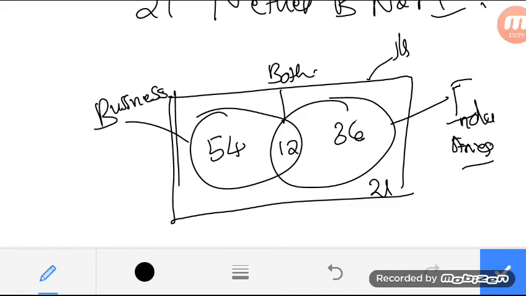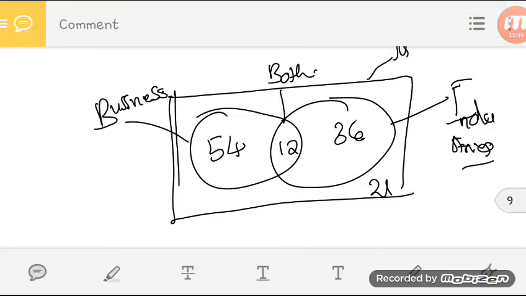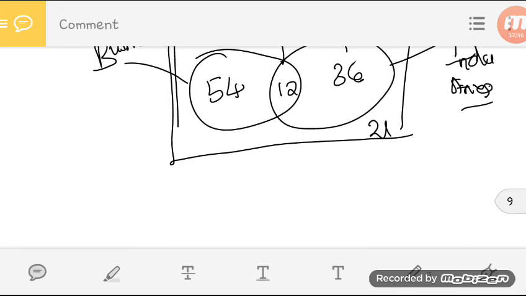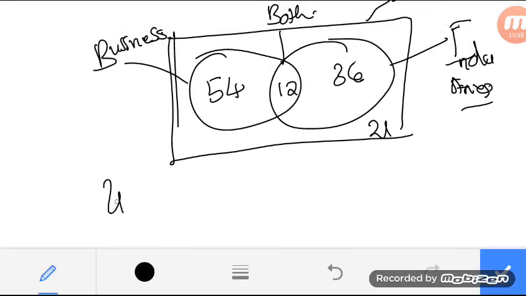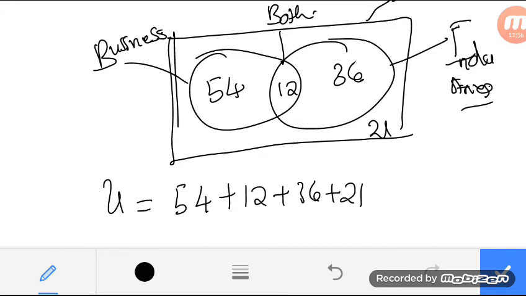Now, to know our universal set, as our question asks, how many people will be employed by the ministry? The total number of people that will be employed by the ministry is found by adding all of those numbers: 54 plus 12 plus 36 plus 21. This is how you're going to know how many people.